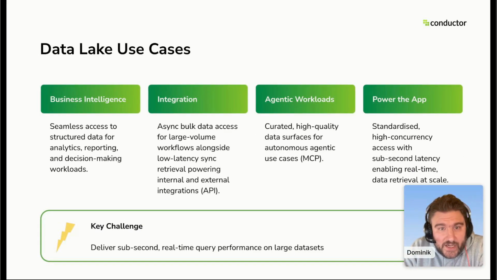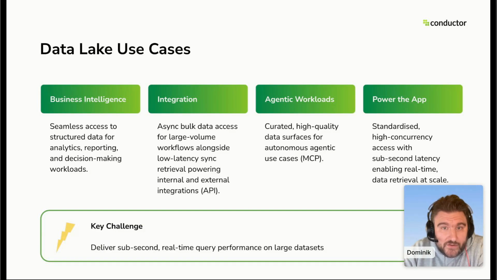And we have the agentic use case. This is what Uday will talk about in a moment. Here we need curated, high-quality data sets for autonomous agentic use cases, such as MCP, for example, to surface the data for agentic use cases. And of course, we also need to serve our application, the Conductor platform, with data.